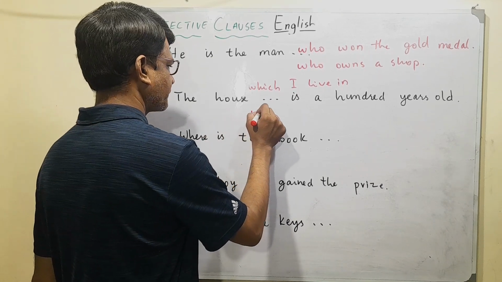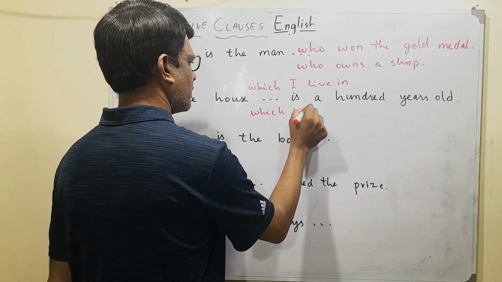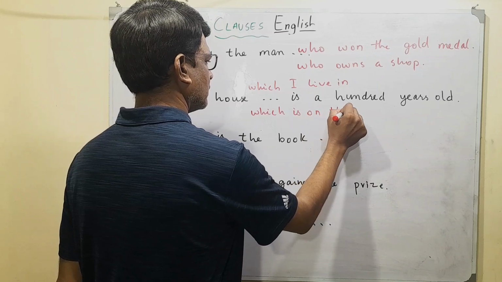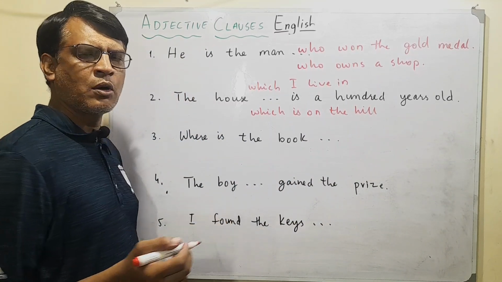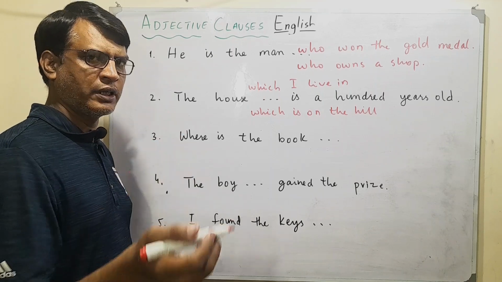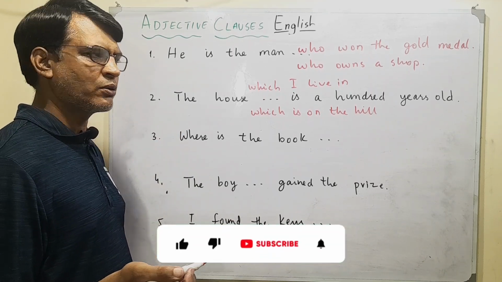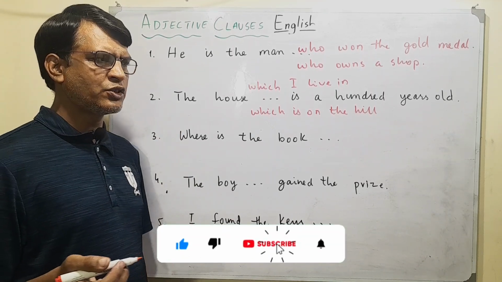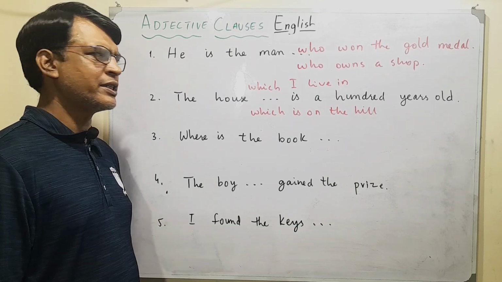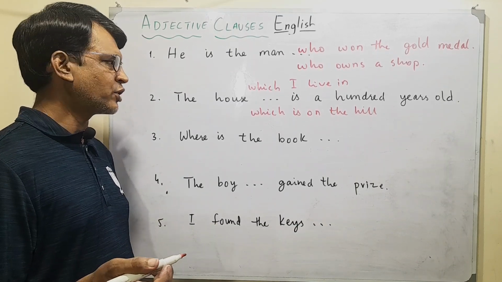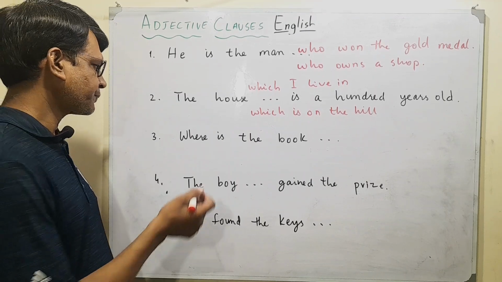The house which is on the hill is 100 years old. The house which my grandfather bought is 100 years old. The house which is very deteriorating, which is in a bad condition, is 100 years old.